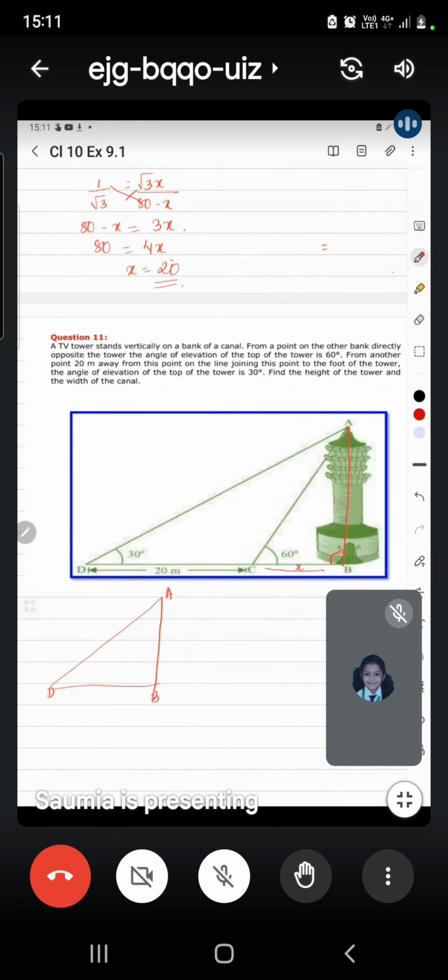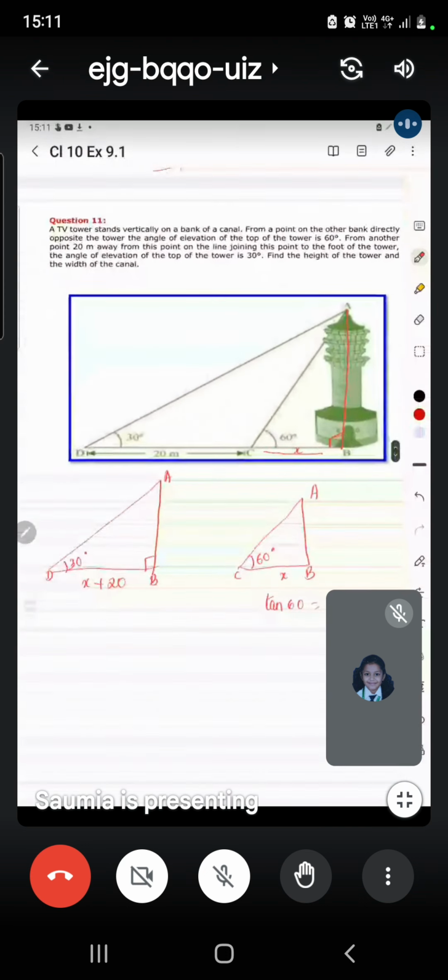Triangle DAB with DB as X plus 20, and the smaller triangle inside, ABC, with this angle as 60 and this side as X. When I use tan 60 here, I will get the value of AB. Tan 60 is equal to AB upon BC. Tan 60 is root 3, and BC is X, so AB is equal to root 3x.